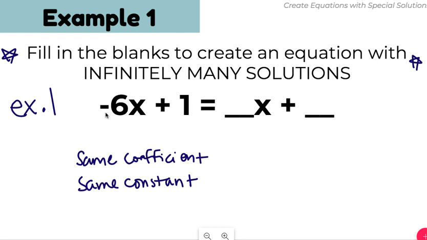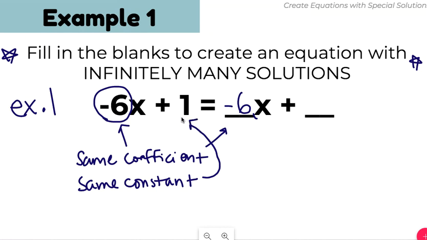So I can focus on my coefficient. My coefficient is a -6. If I have to have the same coefficient on the other side, I look for my x and I make the coefficient -6. Then I need the same constant on each side.